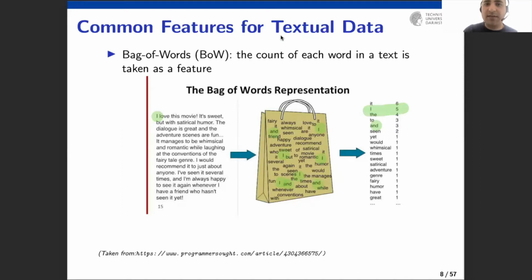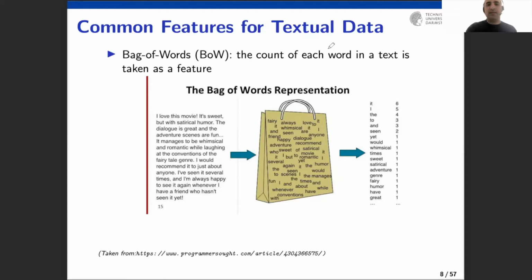So in this way, each feature function is each word that we have, and the value that each function returns is the frequency of the word in the given text, right?